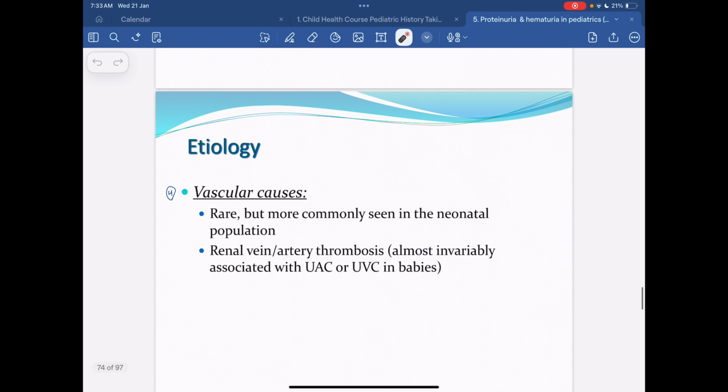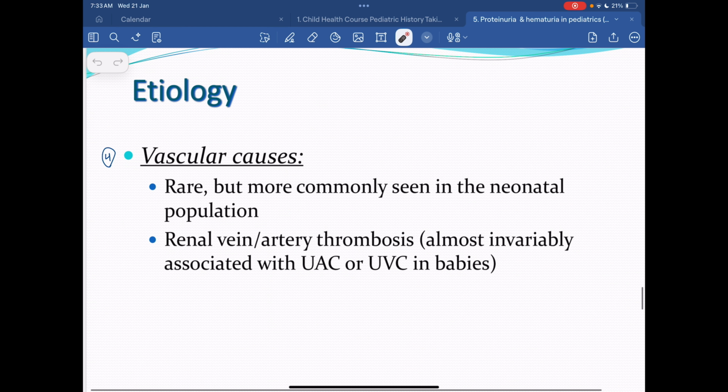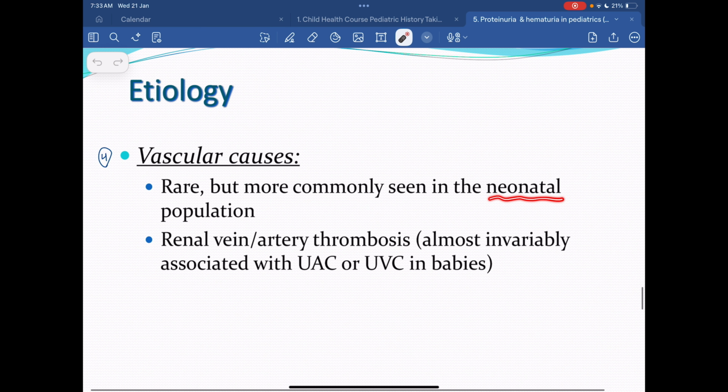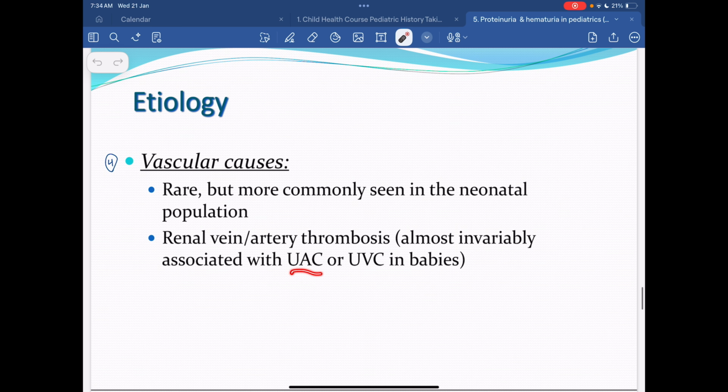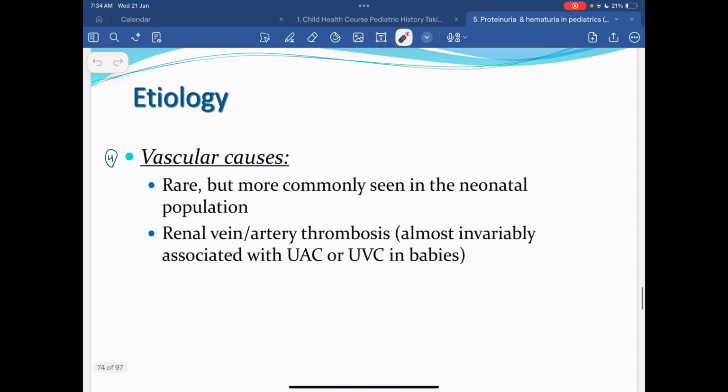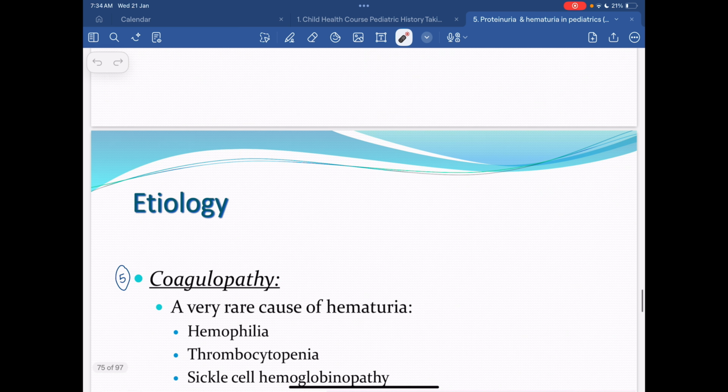What else do we have? Vascular causes. They are rare and more commonly seen in the neonatal population, who are born with them. We may have renal vein or artery thrombosis, almost invariably associated with, I think, something we will take later in the neonatal lectures. But vascular causes are rare, more in neonates.